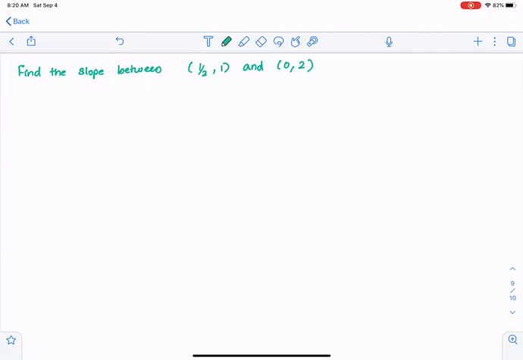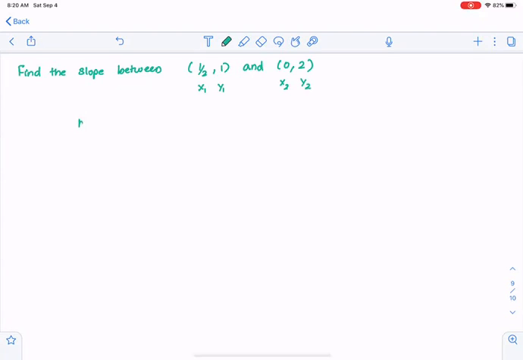So now we want to find the slope between (-1/2, 1) and (0, 2). As always, I'm going to call the first point x1, y1, and the second point x2, y2.